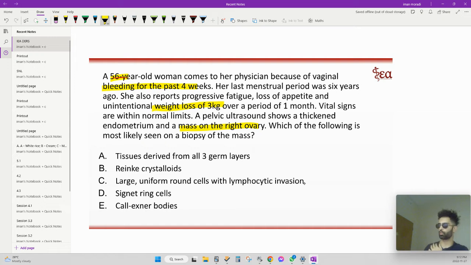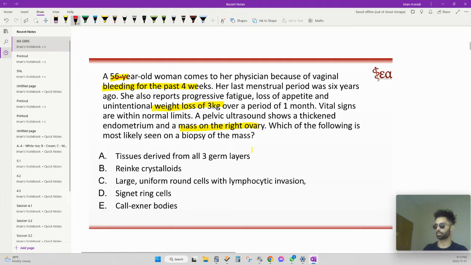So it's an older lady, and we're not expecting any germline tumors, right? That's more of a reproductive age. Remember, in a woman of reproductive age, a lot of the germ lines which produce the ova are active, so you have a higher chance of developing germline tumors. Germline tumors are not really something that older women get.